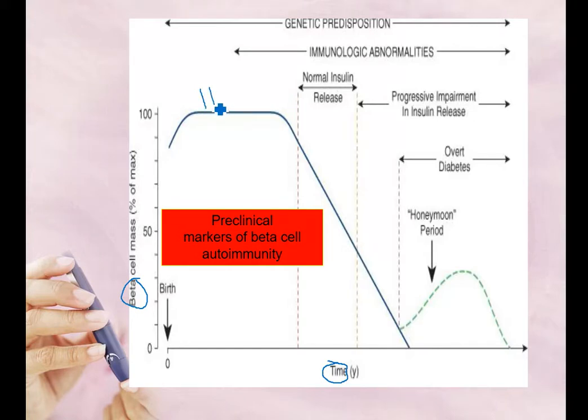With time, when there is destruction of the beta cell mass, the release of insulin will progressively decrease until the appearance of clinical signs of diabetes, overt diabetes. Then after that, in the newly diagnosed patient or in the early stage of the disease, there will be a honeymoon period, in which there will be relatively good glycemic control and insulin secretion.